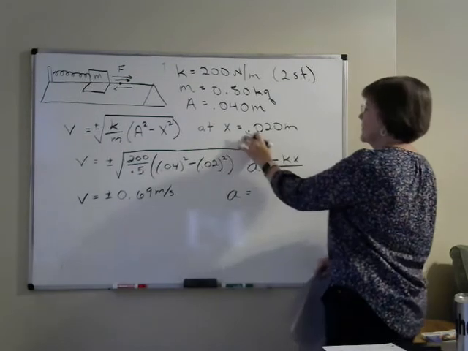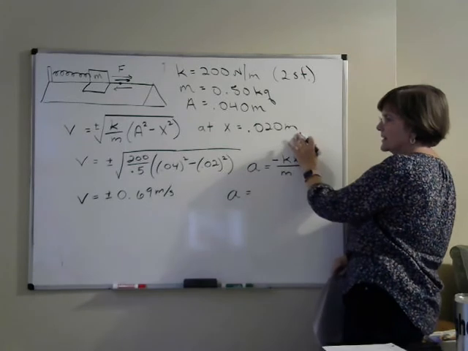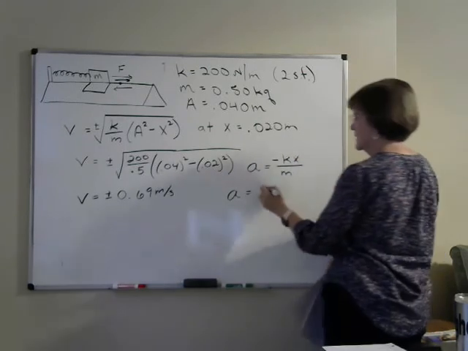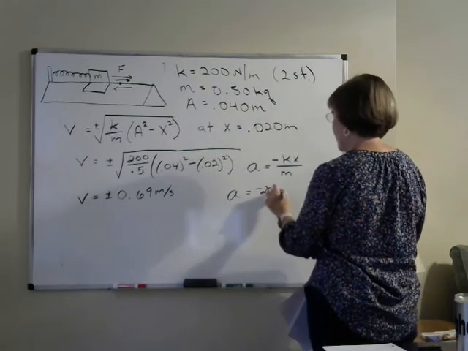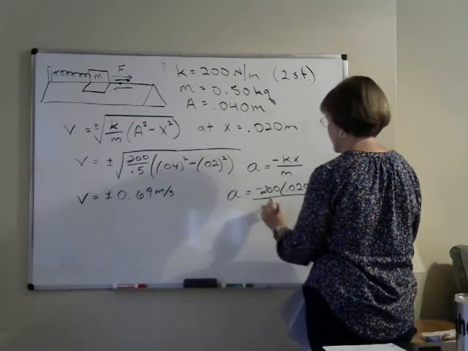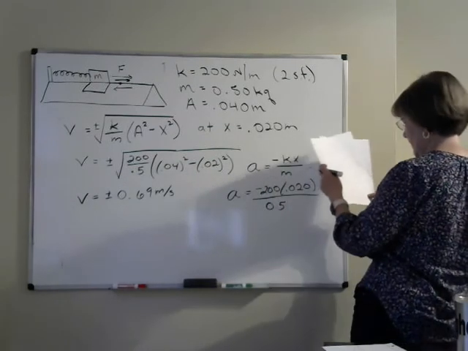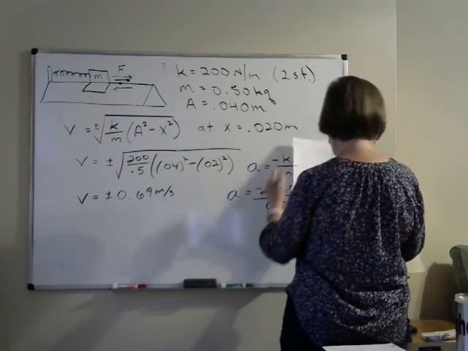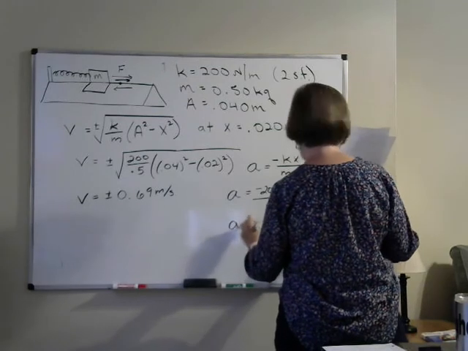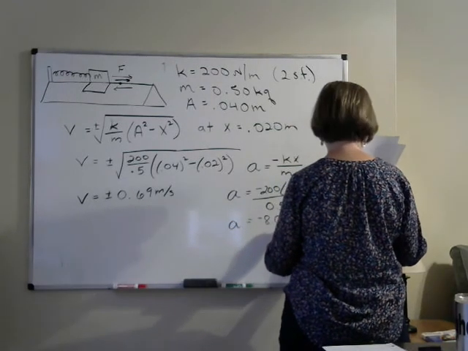So if the displacement is to the right, the acceleration will be negative. So at that particular point, the acceleration comes out to be negative 8 meters per second squared.